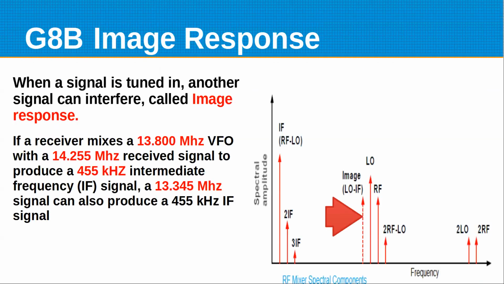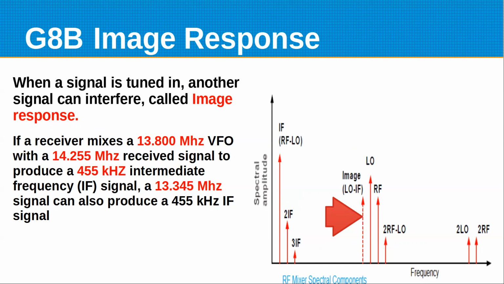Okay, when a signal is tuned in, you can have another signal interfere, called image response. The example here is you've got your VFO set for 13.8 megahertz, and you're receiving a 14.255 megahertz signal, the one you want to listen to. So the difference in frequency is 455 kilohertz, which is what your intermediate frequency is in the receiver.